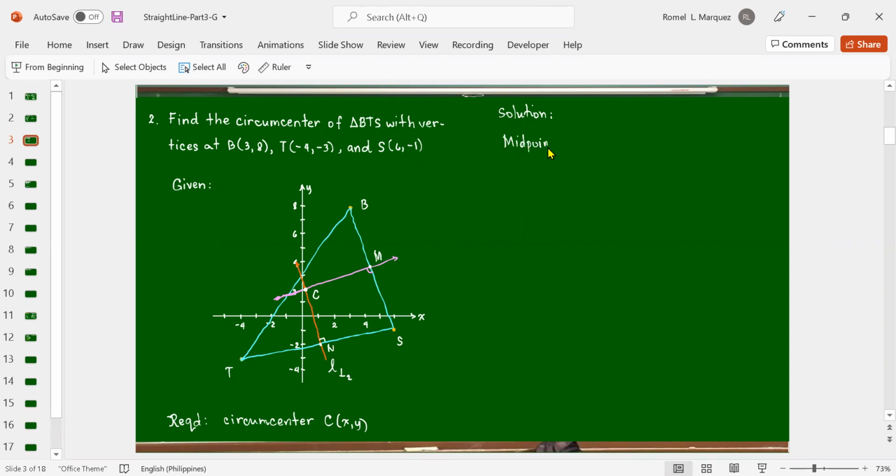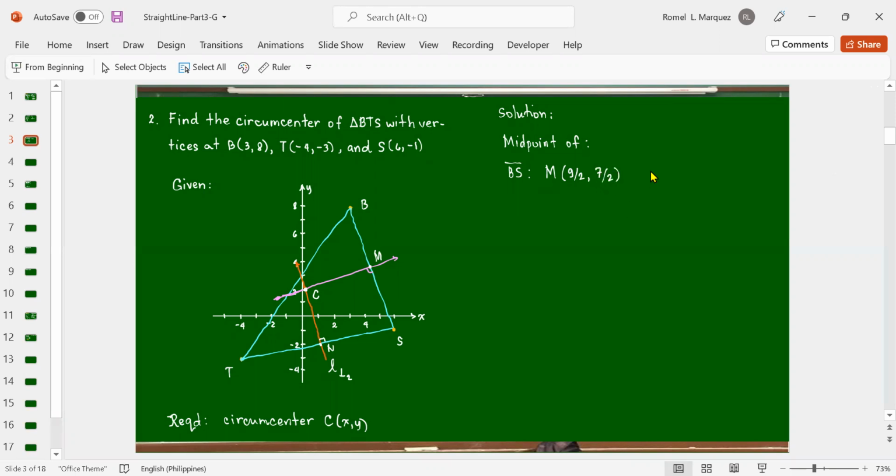For the midpoint of, let's say, BS. What's the midpoint of BS? 3 plus 6, 9, divided by 2, so 9 over 2, right? And then 8 plus negative 1 is 7, divided by 2.